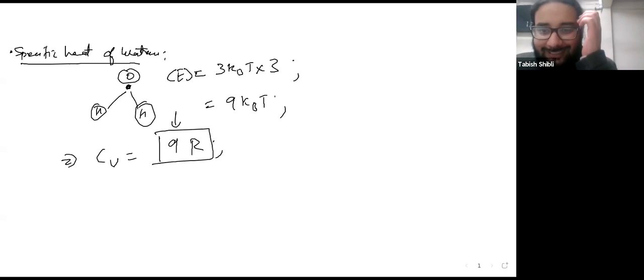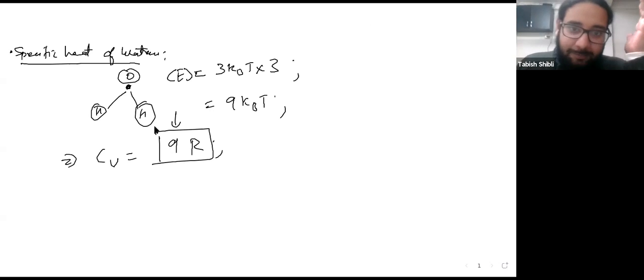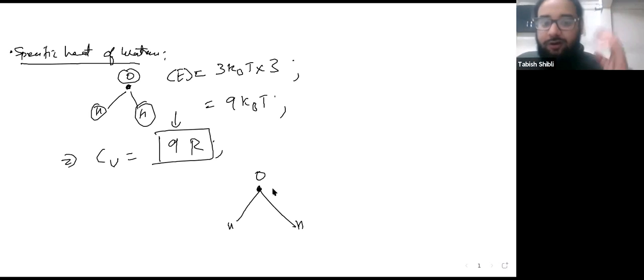See, if you see the structure of water, let's go into a slight bit of detail here, because it's important. Let's say you have oxygen here, you have hydrogen here, and you have hydrogen here. Now, what is the charge on this hydrogen? Well, it was an H plus, right?